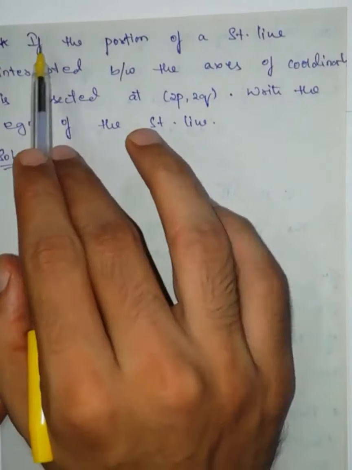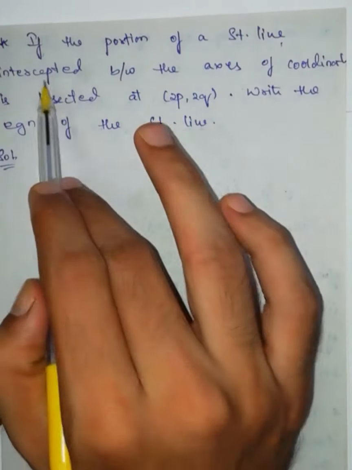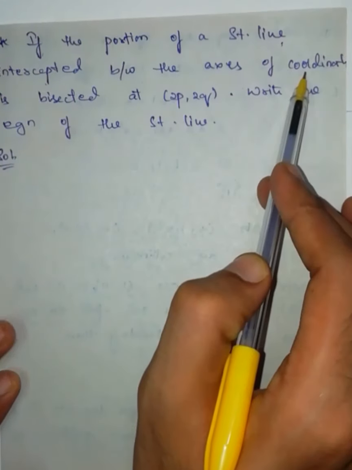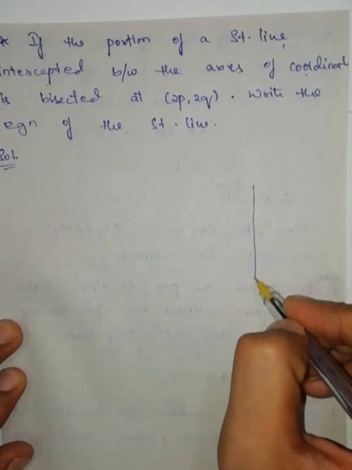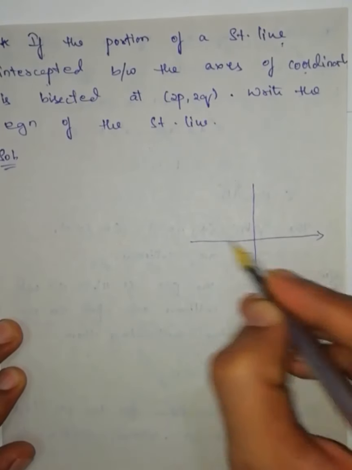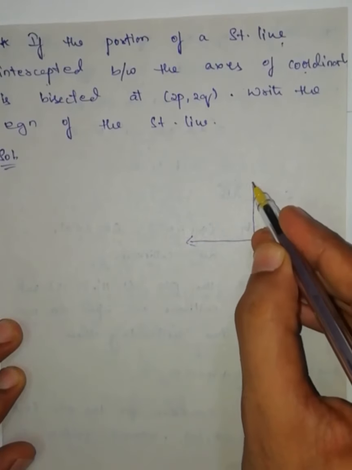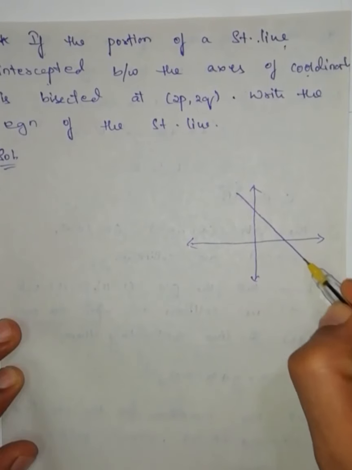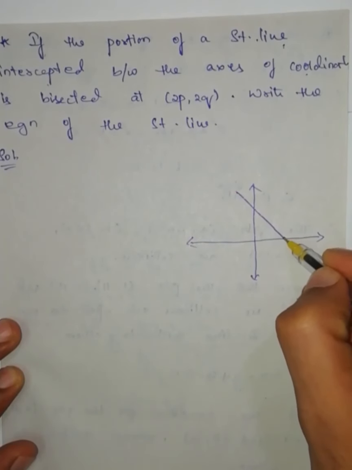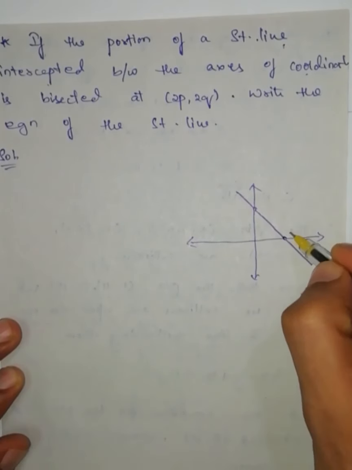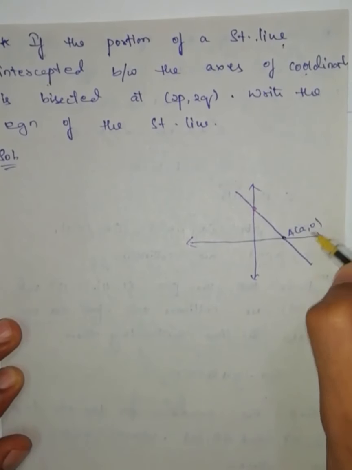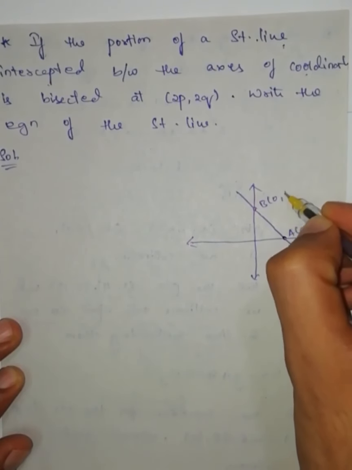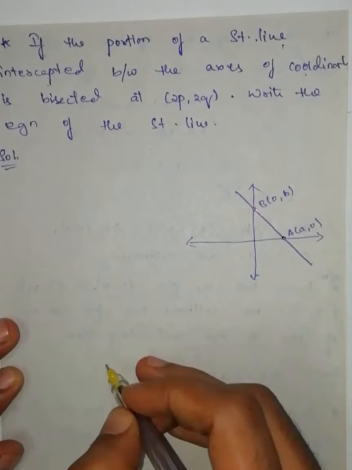Now what is the given? If the portion of the straight line intercepted between the axis of the coordinates, this is the axis of coordinates, x-axis and y-axis. The portion of a straight line is intercepted at the axis of coordinates. Let us take this one as a comma 0 and b as 0 comma b.